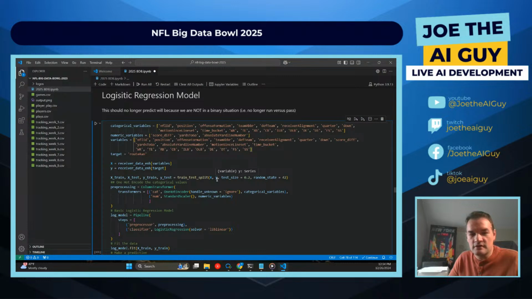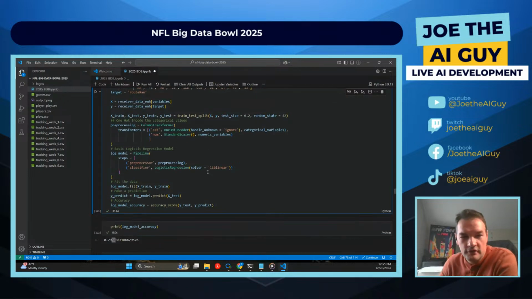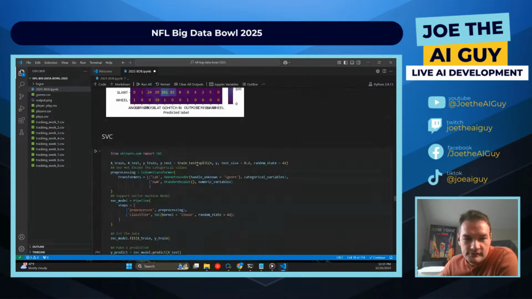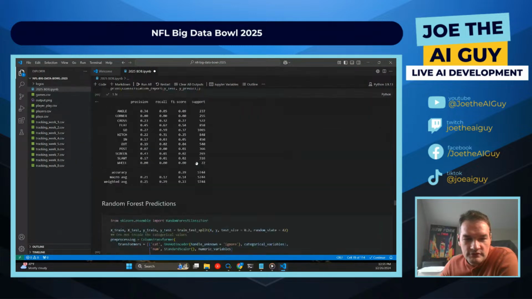There's 7 groups there. If I look, random forest is 27%.